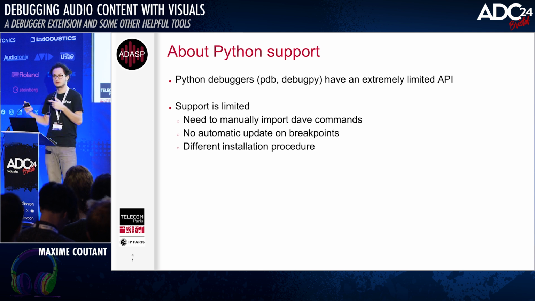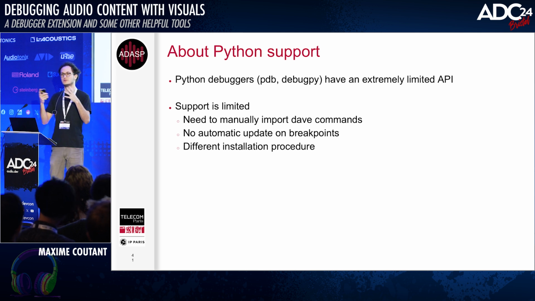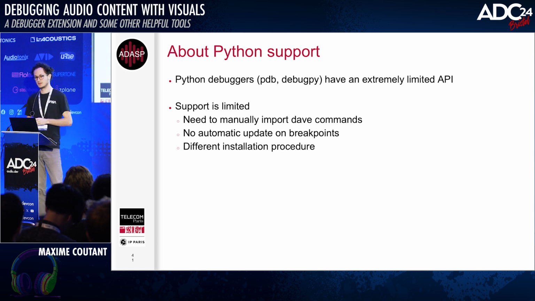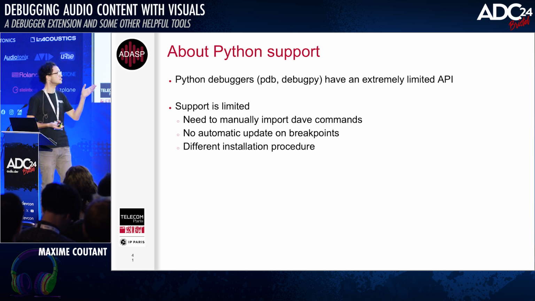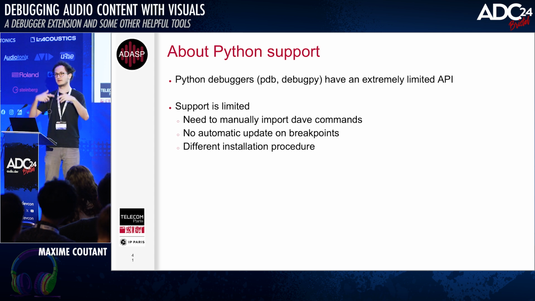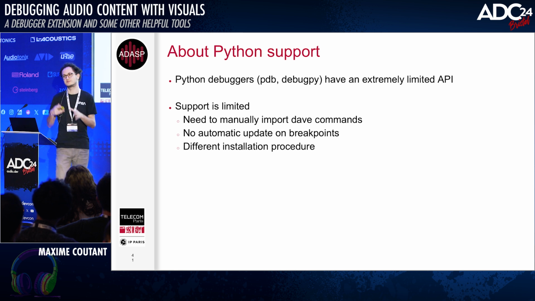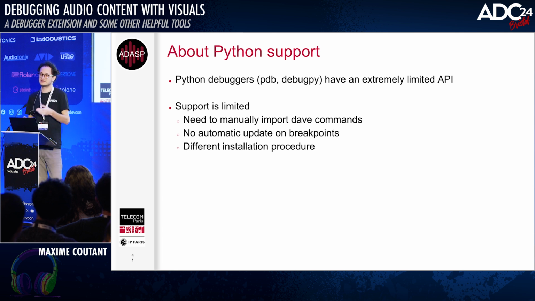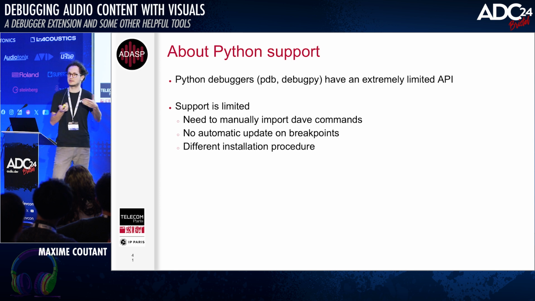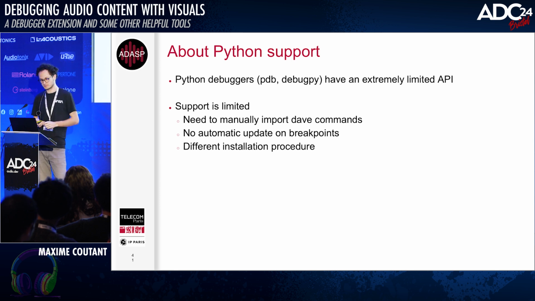You'll need to manually import the dev command. There's no init file to do stuff automatically. You will have no automatic update and breakpoint. That might change in the future, but it's really complicated. You have to rewrite a debugger class. And the installation procedure is a bit different, but the support is basically there. But it's not a big drawback because you already have really strong matplotlib support in Python.